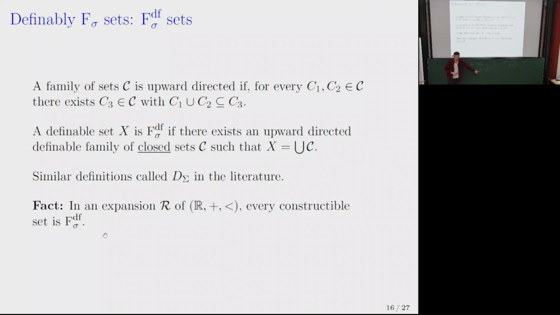This family is definable. It's a bunch of open sets, definable, decreasing, and because C is closed, the intersection of all of these as r goes to 0 is C. So what do we get? The definable closed set is the intersection of a definable family of decreasing open sets. If you take the complement of everything, it just shows that an open set is F sigma.